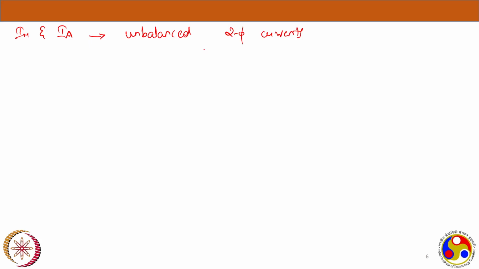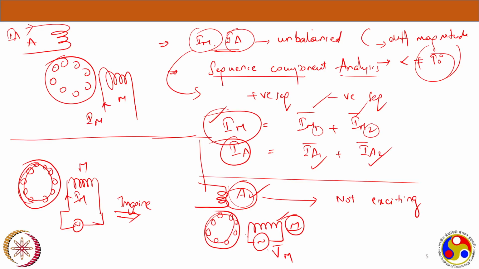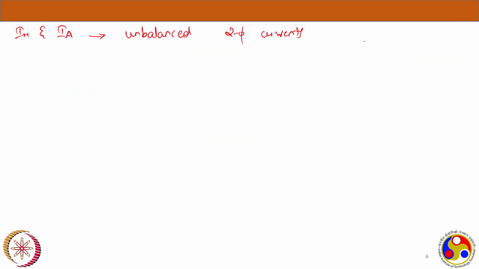Now we can break these unbalanced currents into positive sequence and negative sequence components. I think I already wrote this: IM1, IA1, IM2, IA2. I'm just quickly writing it.